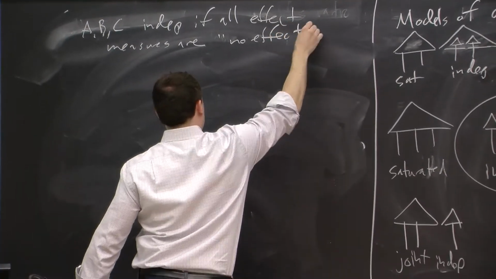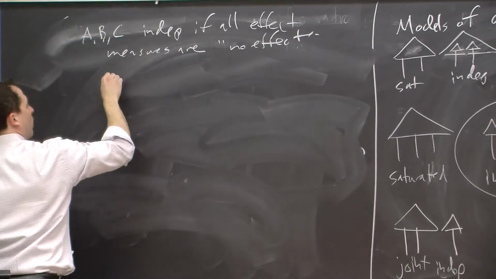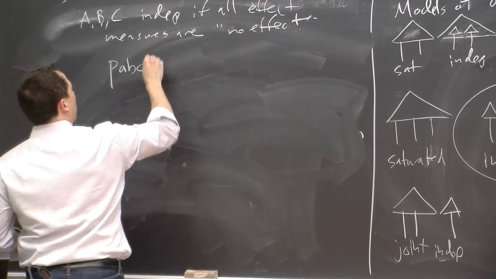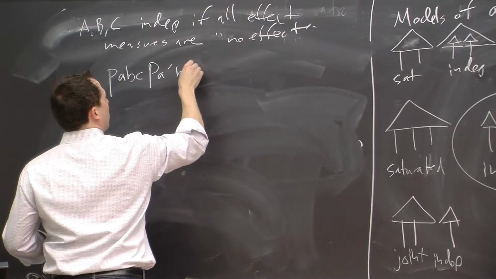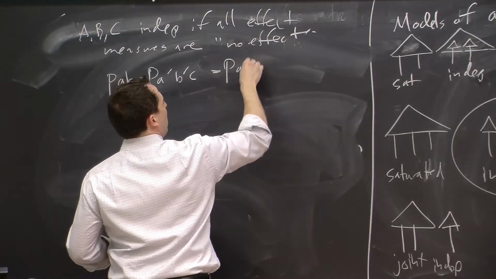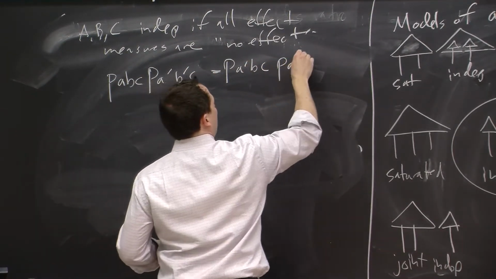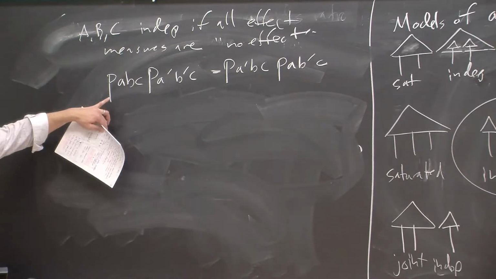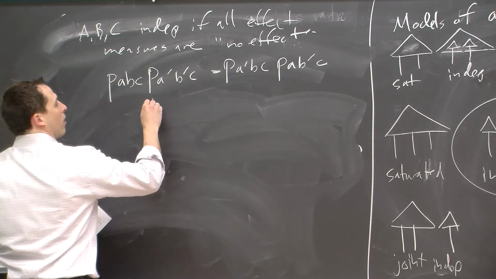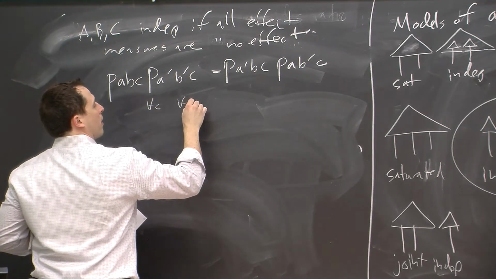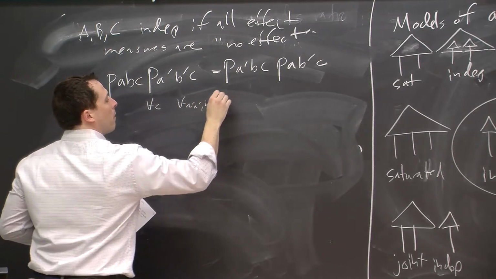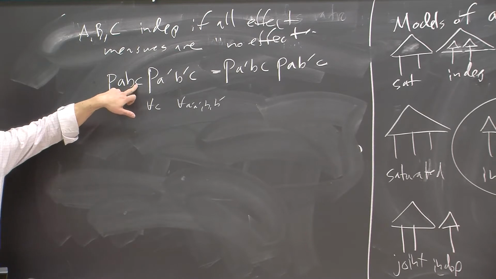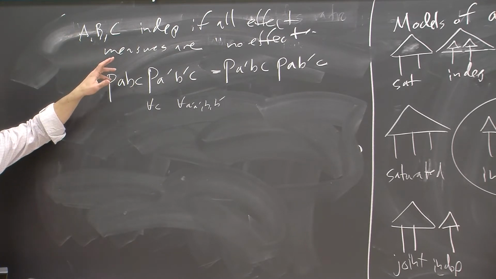What I mean by that is, we want the probability of A, B, C times the probability of A prime, B prime, C to equal the probability of A prime, B, C times the probability of A, B prime, C. This has to hold for all C and for all A, A prime, B, B prime. So this says, conditioned on C, A and B are conditionally independent.